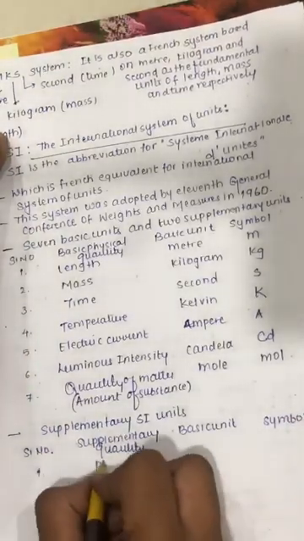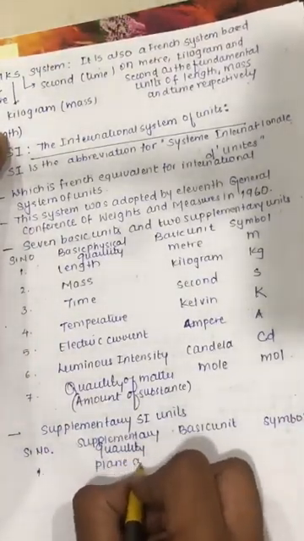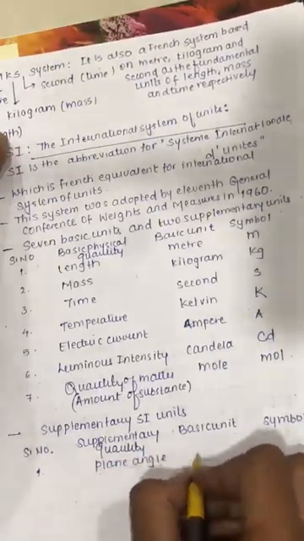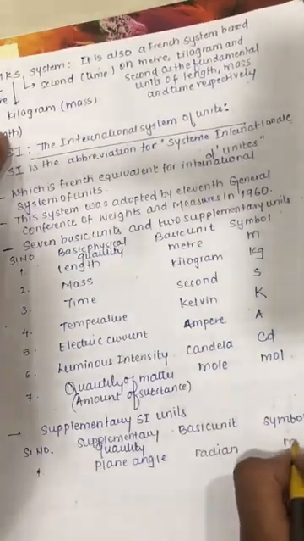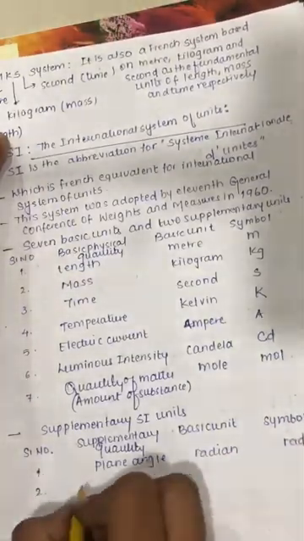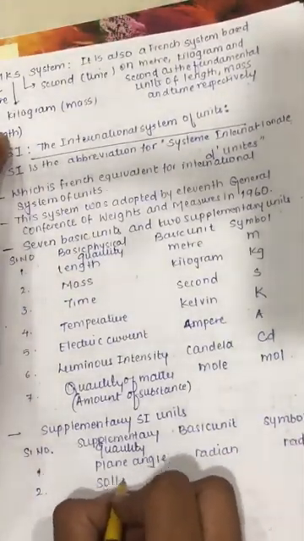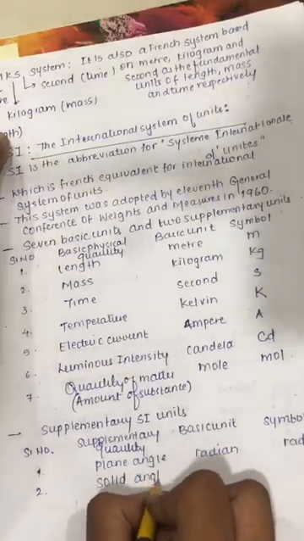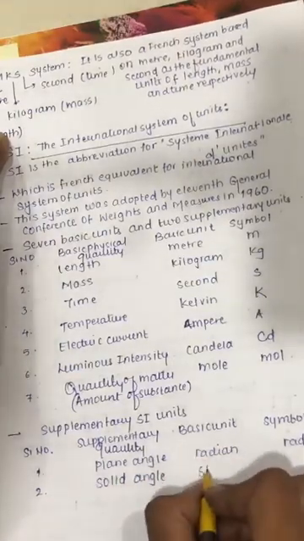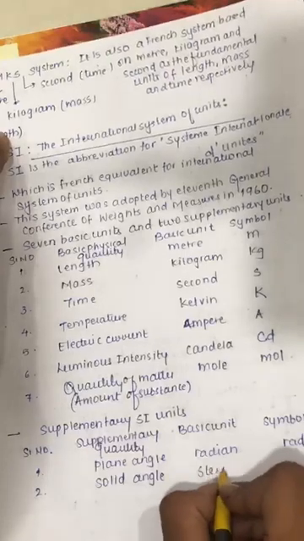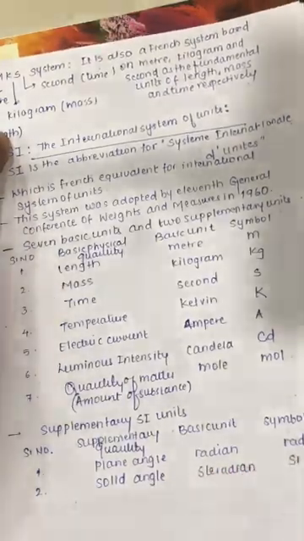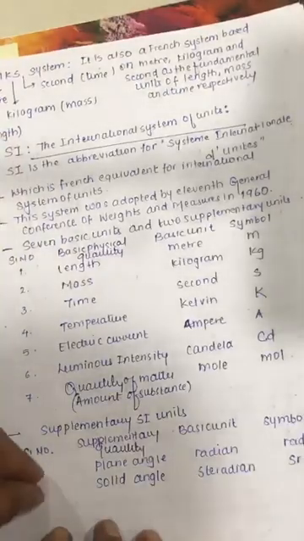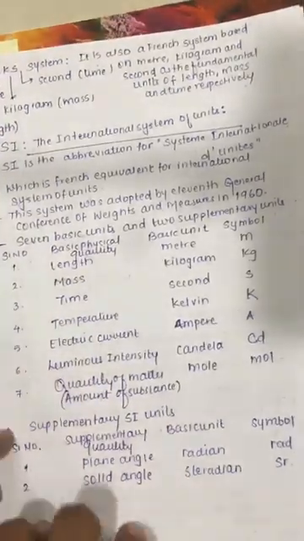Very first, that is plane angle. Basic unit is radian. Symbol RAD. Second is solid angle. Basic unit is steradian, denoted by SR.